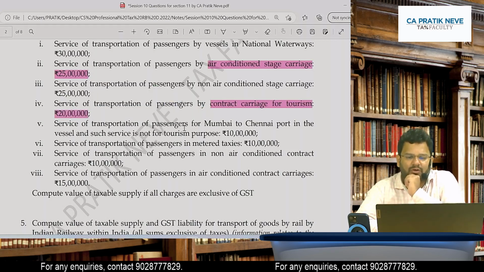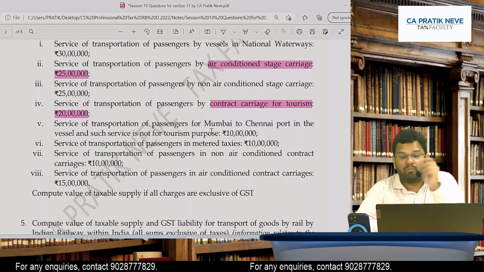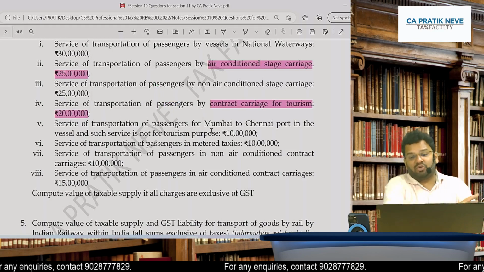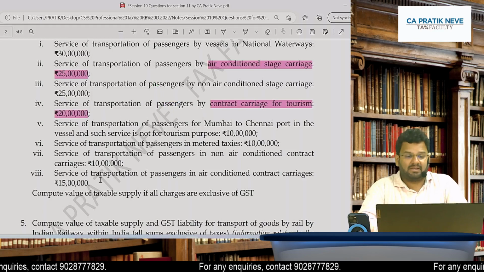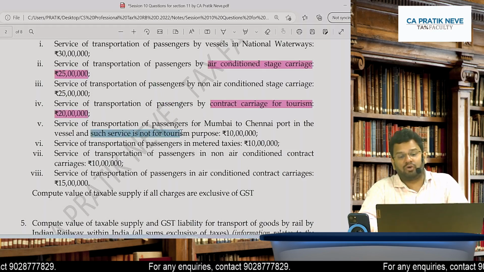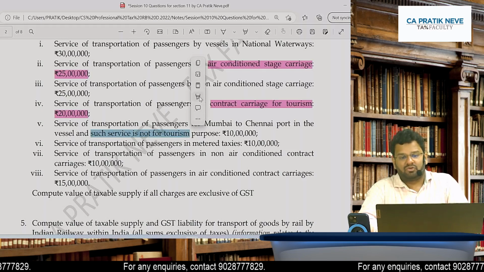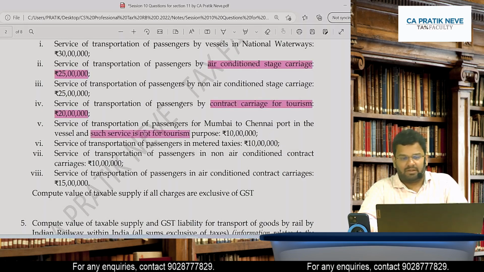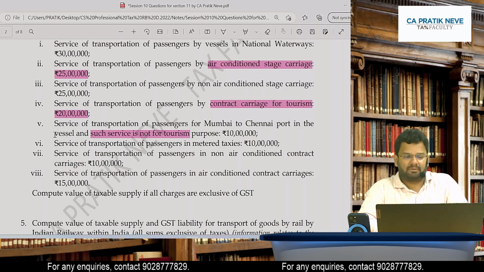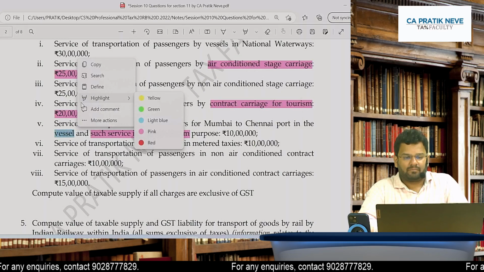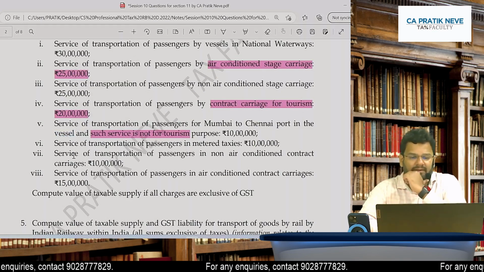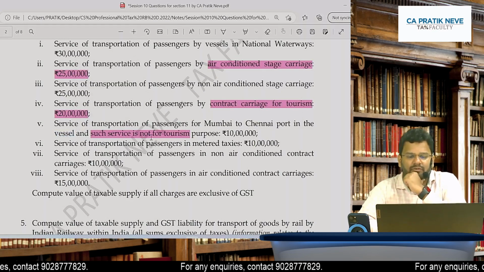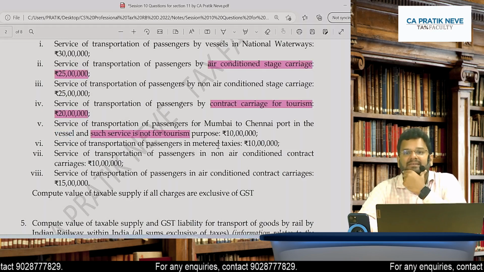Service of transport of passengers from Mumbai to Chennai port in a vessel, and such service is not for tourism. So in a vessel and not for tourism, it will be exempt. Wonderful. Very good. Going ahead, service of transport of passengers in metered taxis.